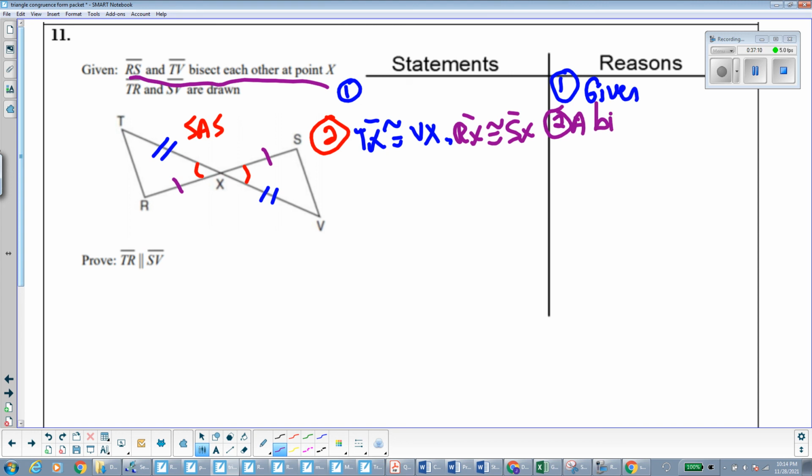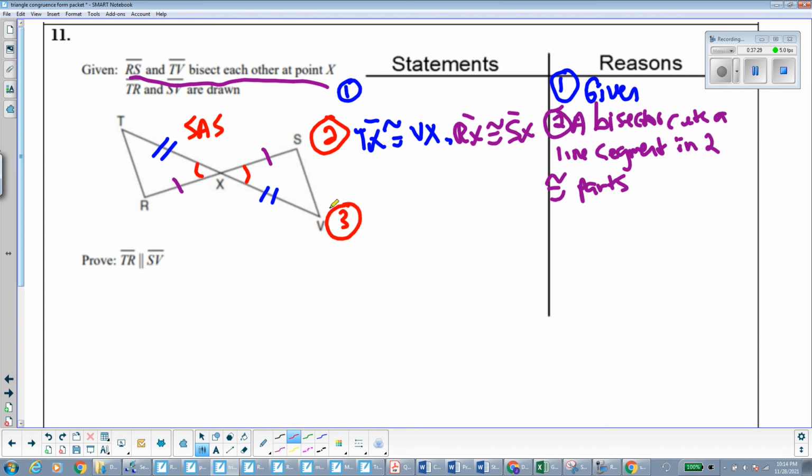So we know a bisector cuts a line segment in two congruent parts. Then we mentioned the vertical angles. So I'm just going to name those. Angle TXR, three letters, remember, is congruent to angle SXV.